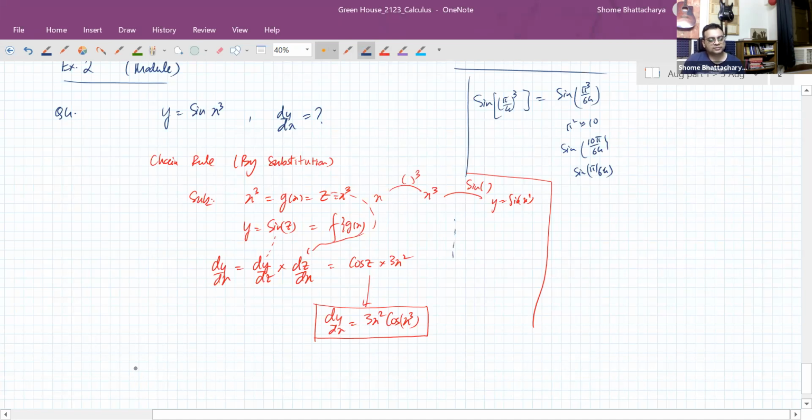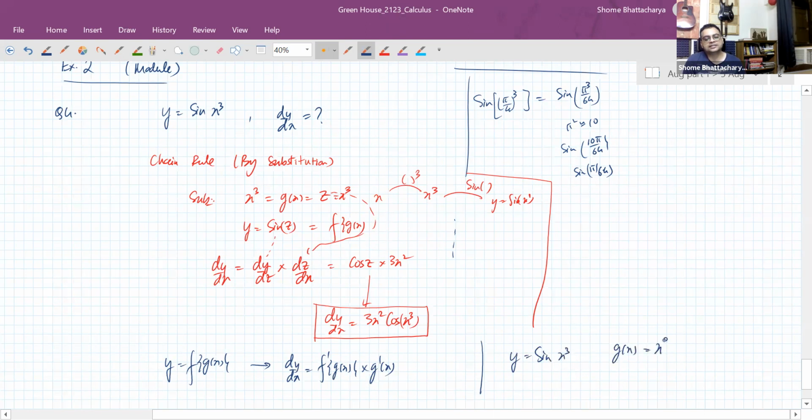Right? Now the other method is the shortcut one, that if y is f of g of x, then directly dy by dx is derivative of f at g of x, that is f prime of g of x into derivative of g. So in this function y is equal to sine of x cube, we can already see that g of x is x cube and f of g of x is sine of g of x.